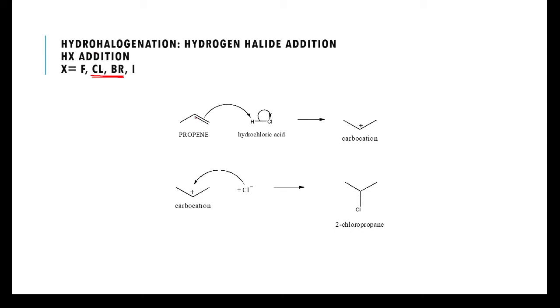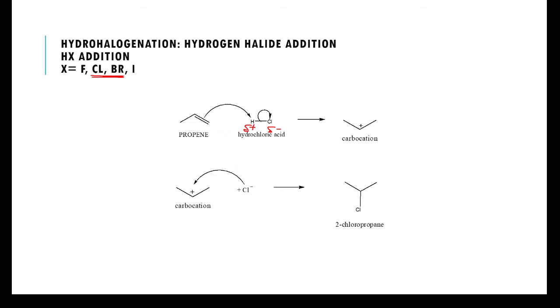So what happens? I've got a double-bonded, electron-rich area of pi electrons. They are going to attack. Now, we have to remember that this is a polar covalent bond, so hydrogen is partially positive due to electronegativity, and chlorine is partially negative due to its electronegativity.